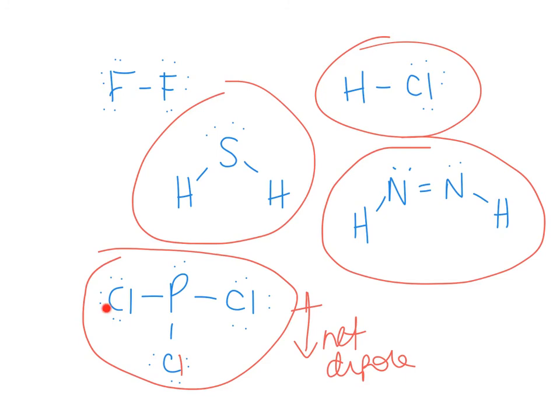Because these two on the side would cancel. They're equal in opposite directions. How about this one? Which direction will the net dipole go? Up or down? Up. Yeah. Your net dipole will go in this direction.